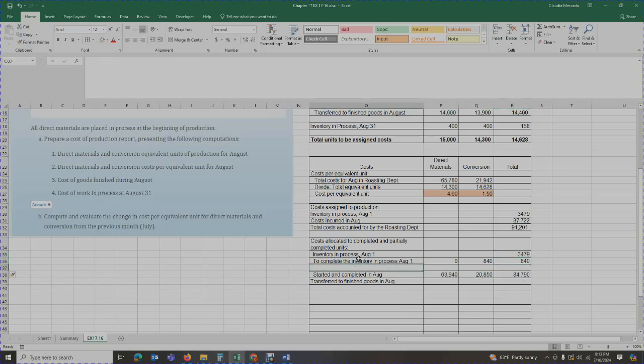So we have to calculate the cost of completed August 1 work in process. For that particular line item, where did I add it? Right here.